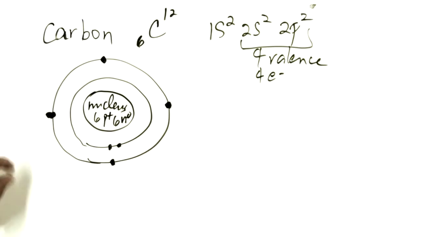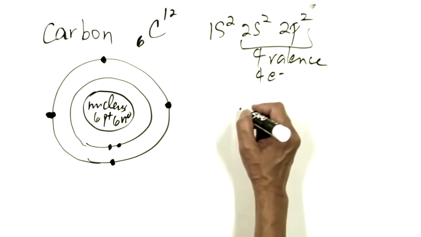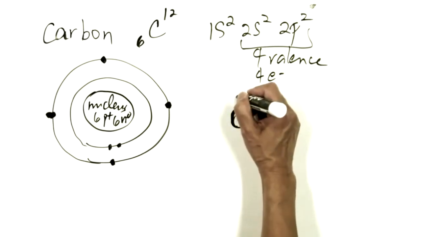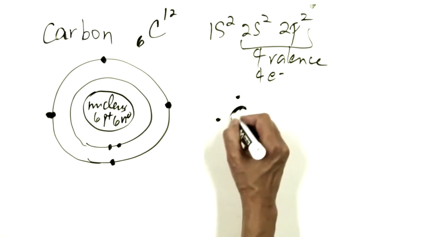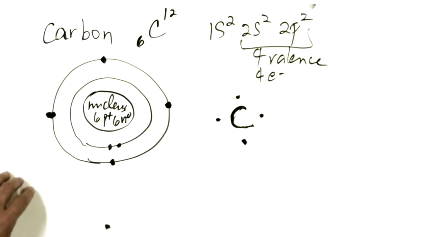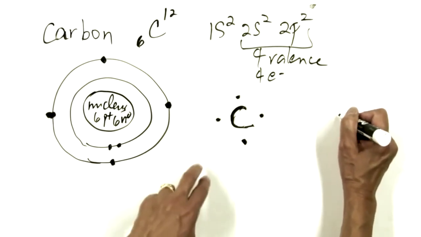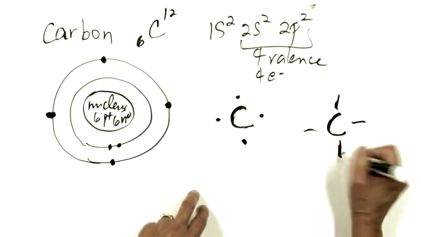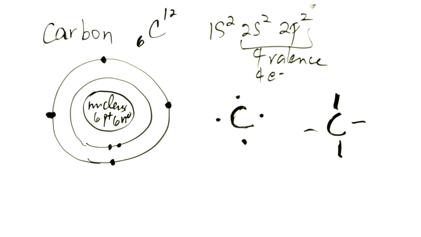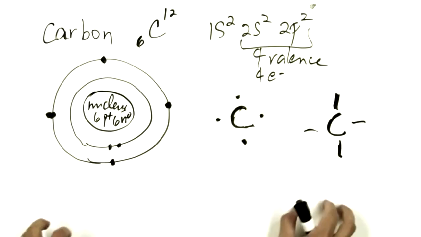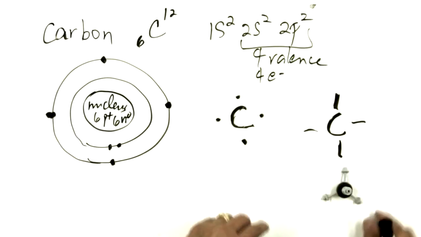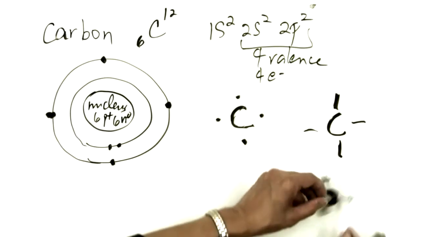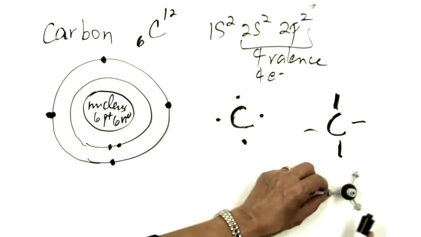Putting this into a Lewis symbol, I would have carbon with 4 electrons like this, wherein the symbol represents the nucleus and the inner electron shell, or I can also draw that carbon in this way to show that it needs 4 electrons to become stable. So by way of a model, your carbon atom would be this one.